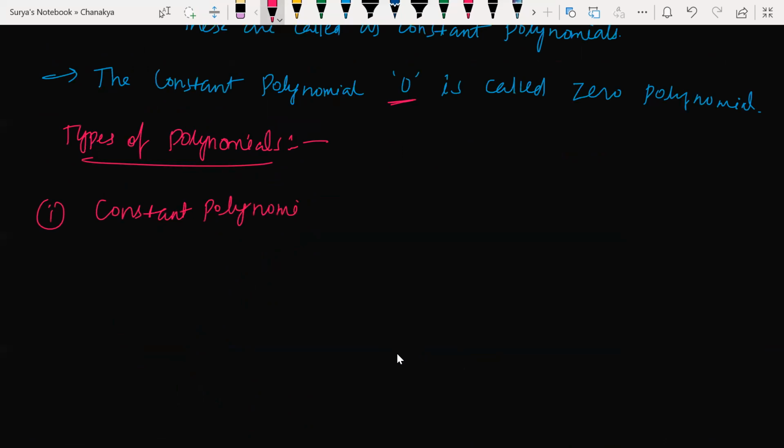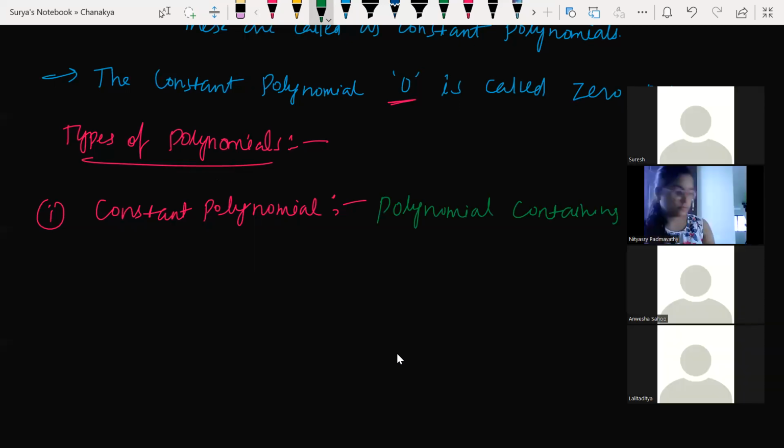Now constant polynomial is nothing but what I just told: a polynomial containing one term only, that is consisting a constant, is what?